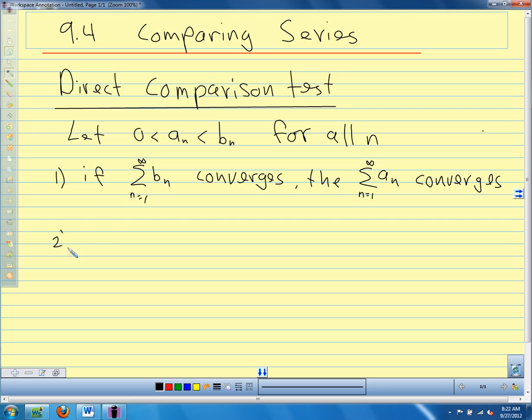And the second condition we're going to look at is if the series for a sub n diverges, then so does the series for b sub n, the sum for b sub n.